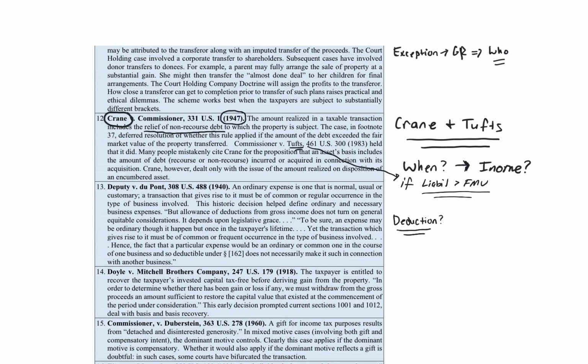This case focused on ordinary. What does ordinary mean? An ordinary expense is one that is normal, usual, or customary. A transaction that gives rise to it must be of common or regular occurrence in the type of business involved. So you focus on the industry and the specific fact pattern, but it's an objective standard.